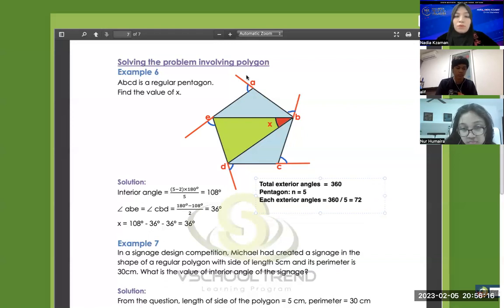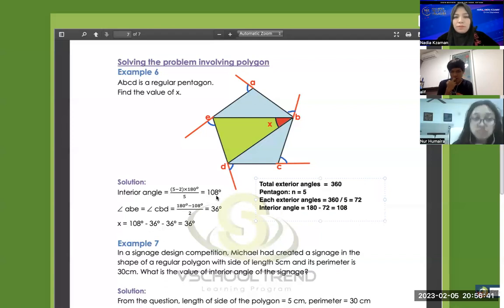You get 72 each. So how do we get the interior angle? 180 minus 72. Yes. To get the interior angle, you take 180 and minus 72. So you get 108. You still get the same answer, 108.